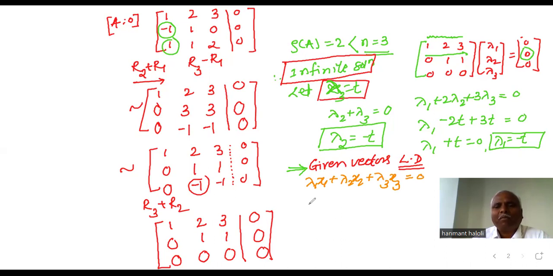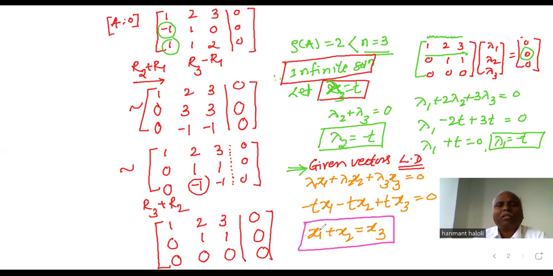Lambda 1 is minus t into x1, lambda 2 also minus t into x2, lambda 3 is t into x3 equal to 0. t is a parameter. You can divide throughout by t. You get x1 plus x2 equal to x3. This is the relation between all the three vectors. These are linear dependent vectors and this is their relation.